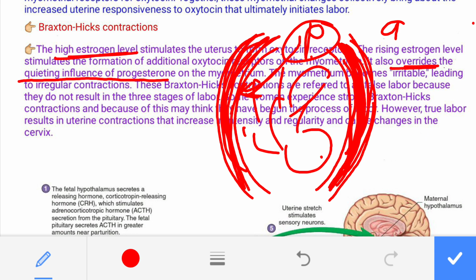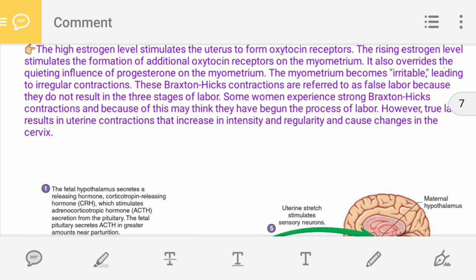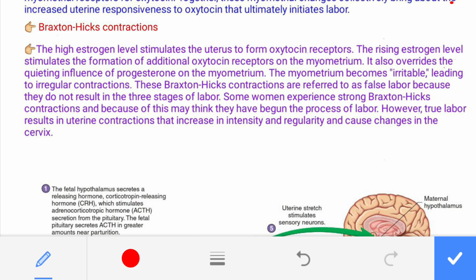But now the baby's body is grown, all the organs and systems are developed, and the baby is about to be released from the mother's vagina. So the baby is about to come into our world, okay? Now, this high level of estrogen is overriding this and causing irritable contraction, okay?